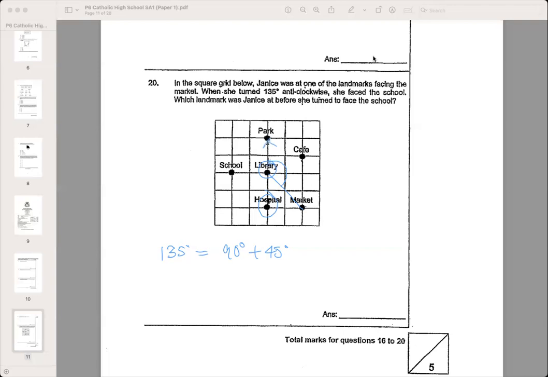So she will be facing the park. So library cannot be the correct position. So let's try the hospital. If she was at the hospital facing the market, she does a 90 degrees anti-clockwise and then a 45 degrees. 45 degrees will be this way. 90 degrees and then 45 degrees. Yes, she was at the hospital. So that's the answer, hospital.